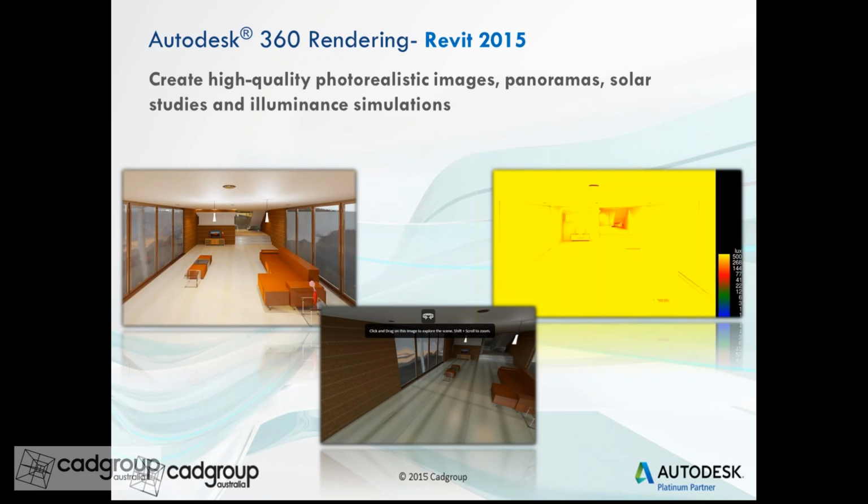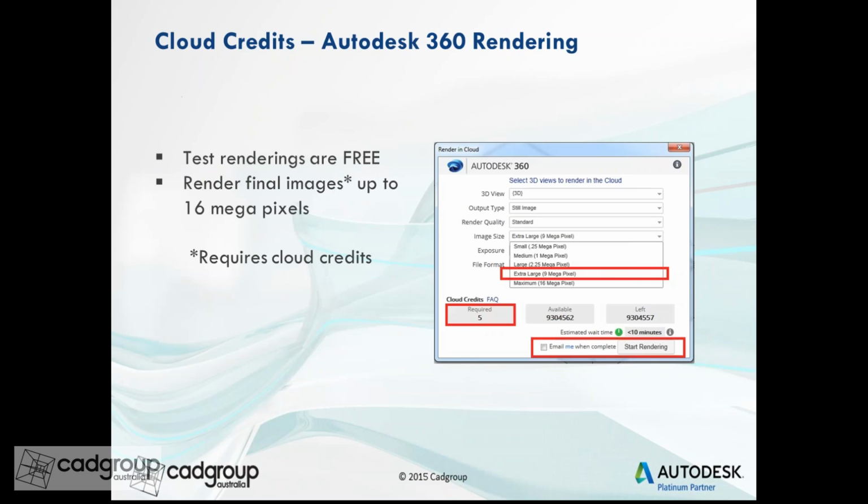That means while you're working with projects, you can send the rendering to the cloud and sit back, and you will get notified if you have checked the button called send me notification after finished rendering, and you're done. But we have to think about the cloud credit as well, which I'm going to reveal in a couple of minutes.